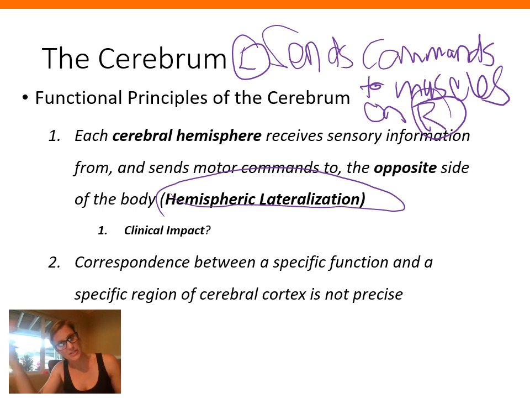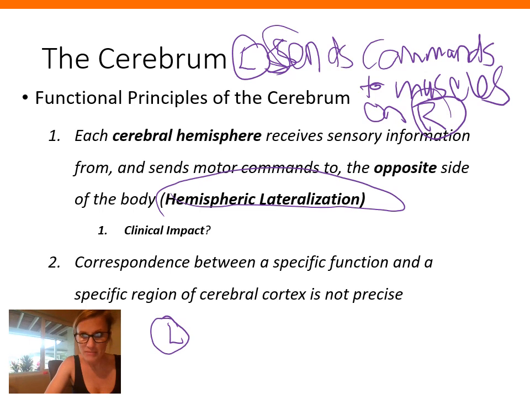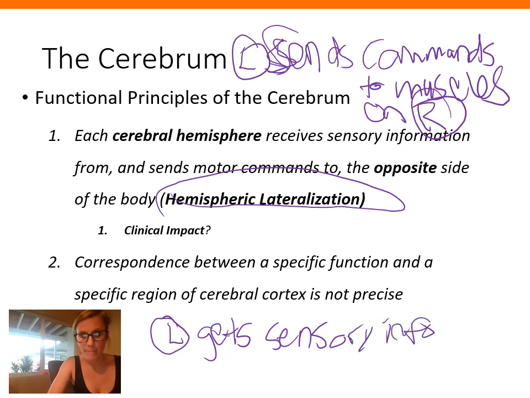Then that would be the opposite too. The right side sends commands out to muscles on the left. And then sensory information as well. So the left hemisphere gets sensory info from the right side of the body.